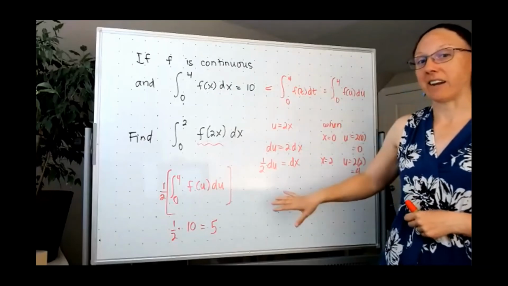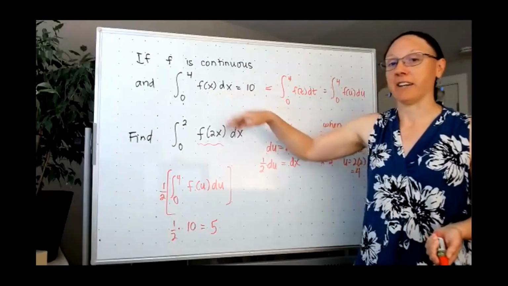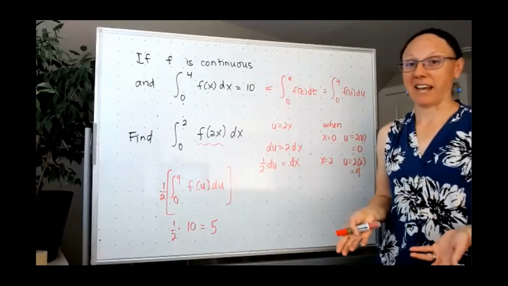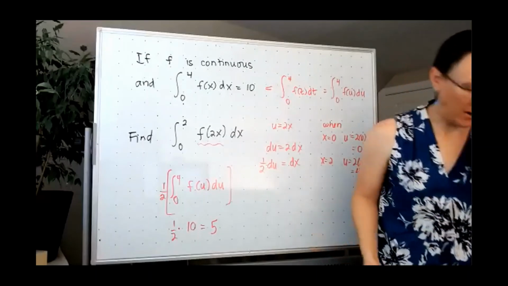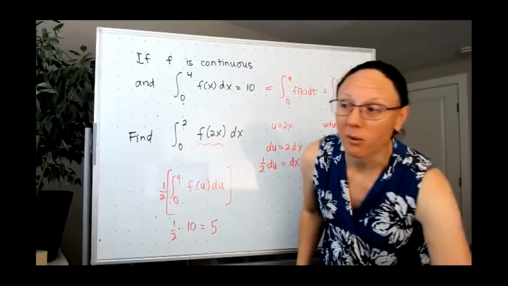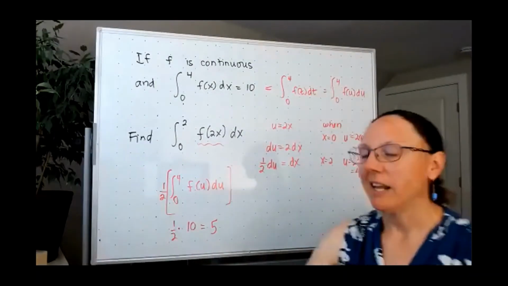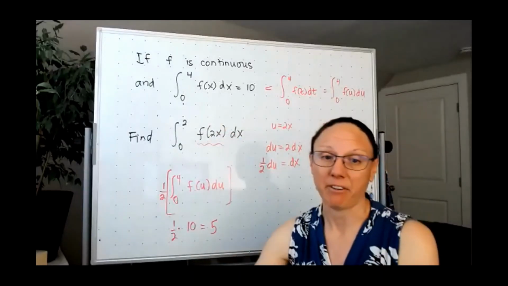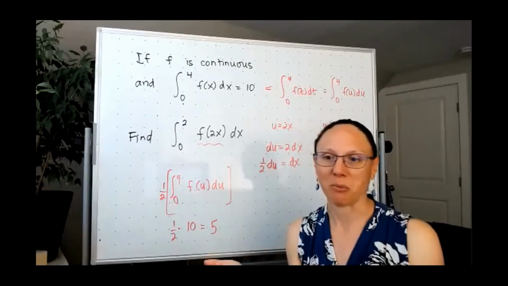The issue is that here, because we don't actually have a function to find the antiderivative of, we don't have that as an option. We have to switch the bounds. Now, there are also problems, and I didn't check all of the WeBWorK problems, where there aren't bounds on the integral. If it's an indefinite integral and we're doing u substitution, then we're never changing bounds.